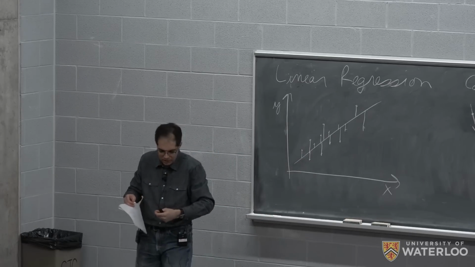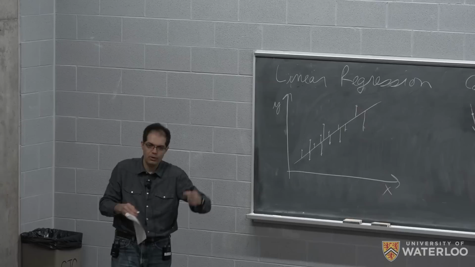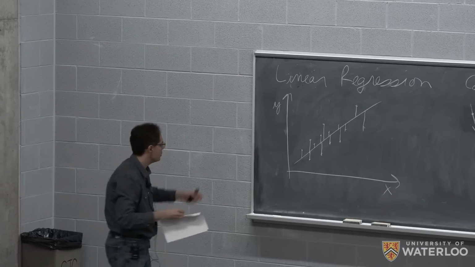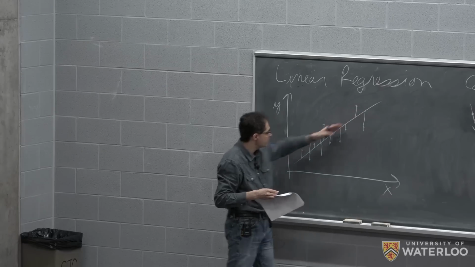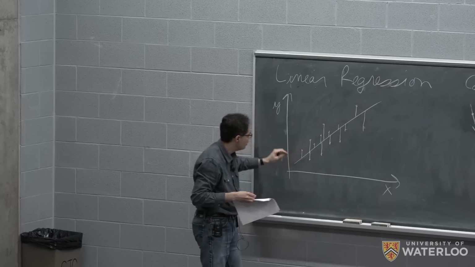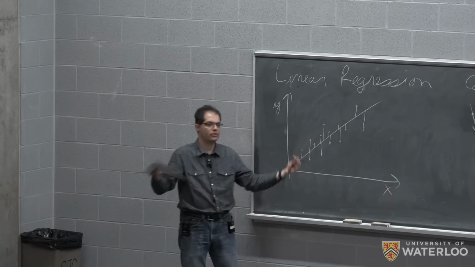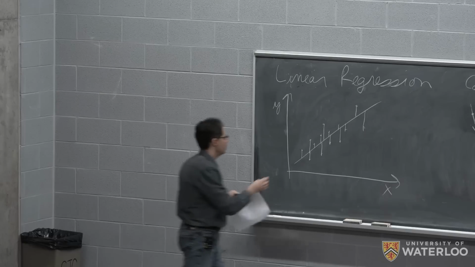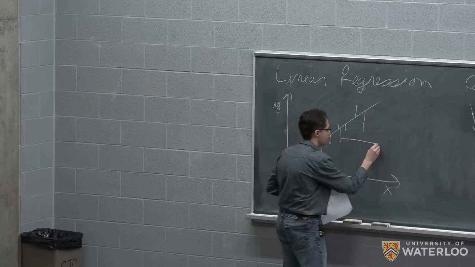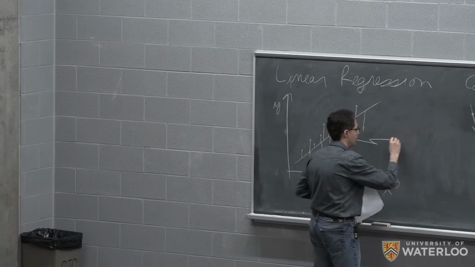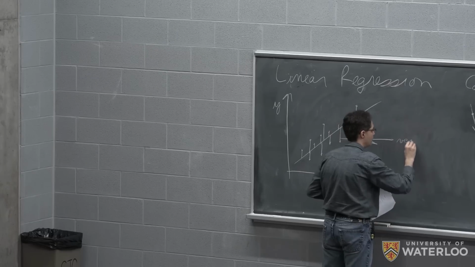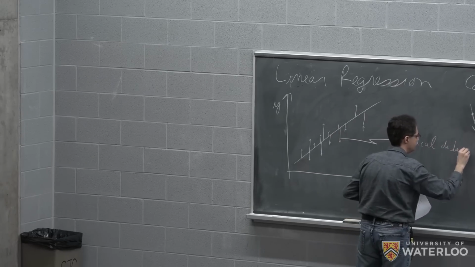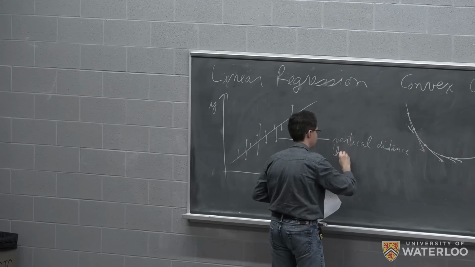The problem is that when one nail pulls the stick in one direction, another nail elsewhere will pull the stick in a different direction, and then eventually this will stabilize at some location where the distances are minimized overall. So that's the intuition here. We can think of this as the vertical distance that we minimize.